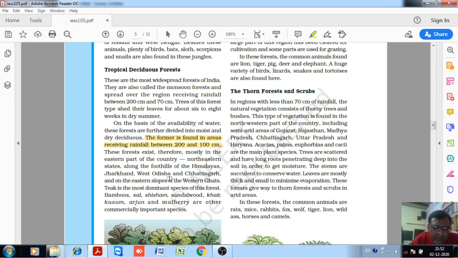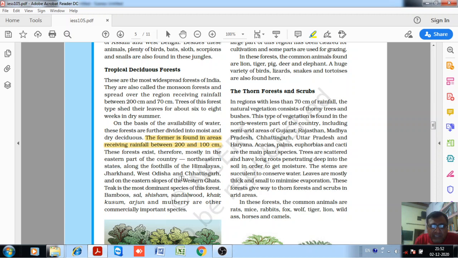Jharkhand, West Odisha, Chhattisgarh, and on the eastern slopes of the western Ghats. So these are the regions where you can find moist deciduous forests.